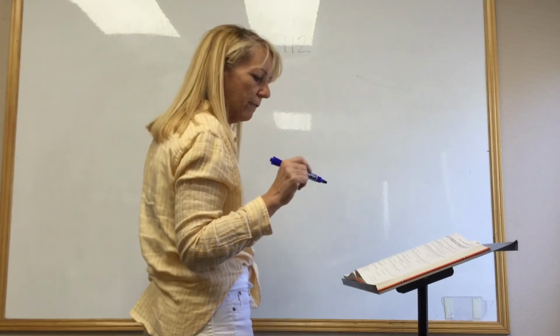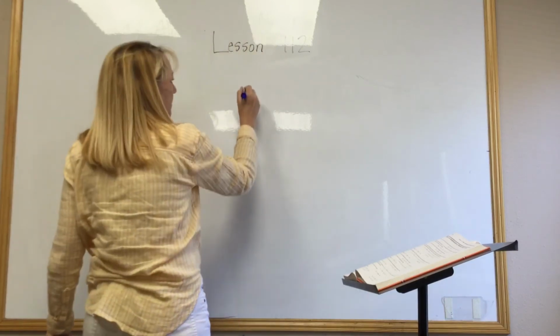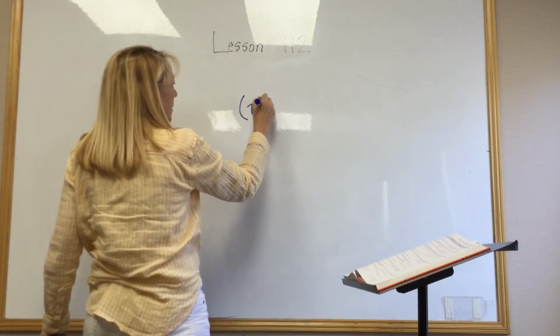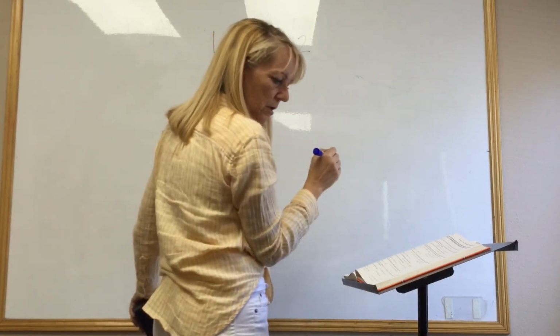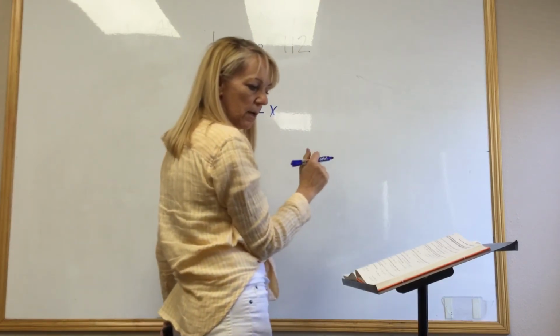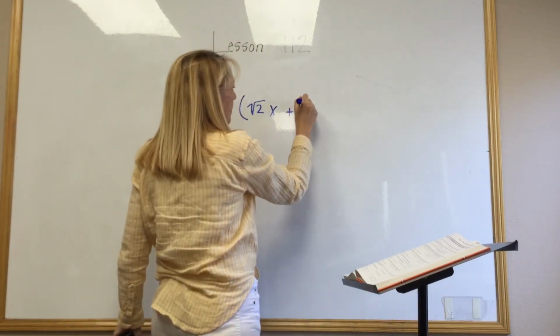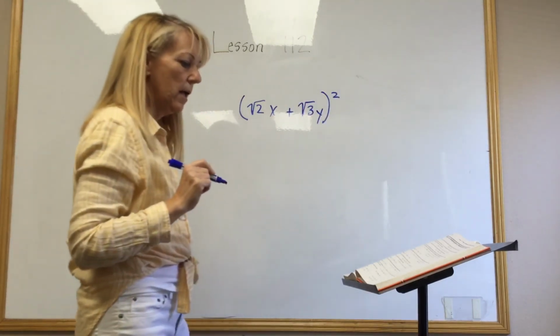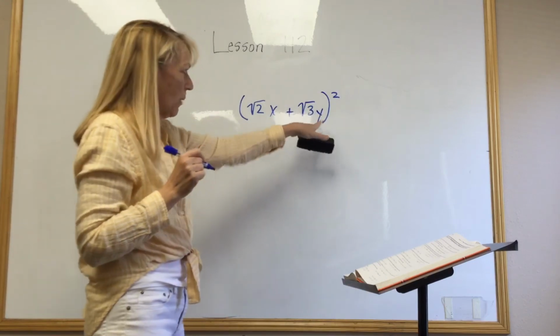And so if you have the square root of 2x, and if you notice that x isn't under the radical sign, plus the square root of 3y, and that is squared, okay? So all that means is you write this twice.